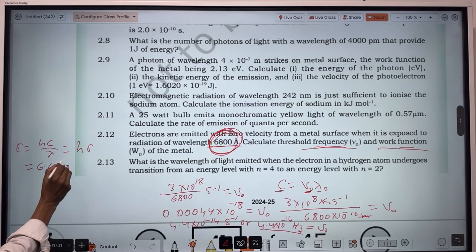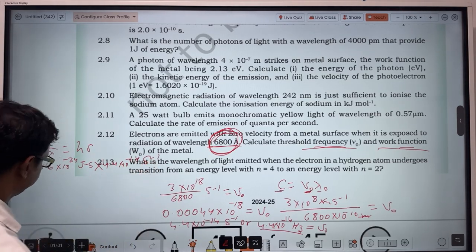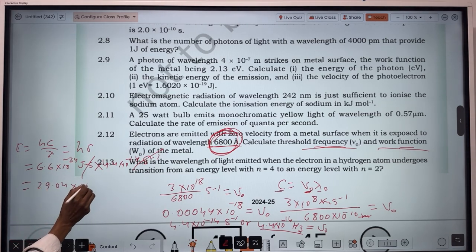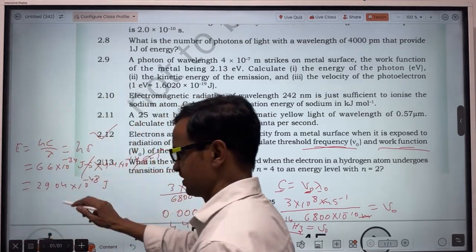So directly you can put the values here. The second inverse will cancel out, 6.6 into 4.4. So that is the work function.